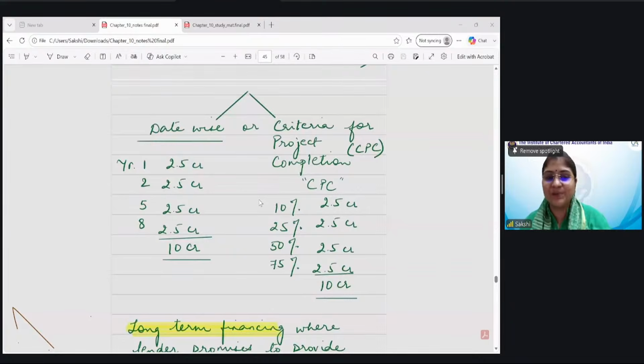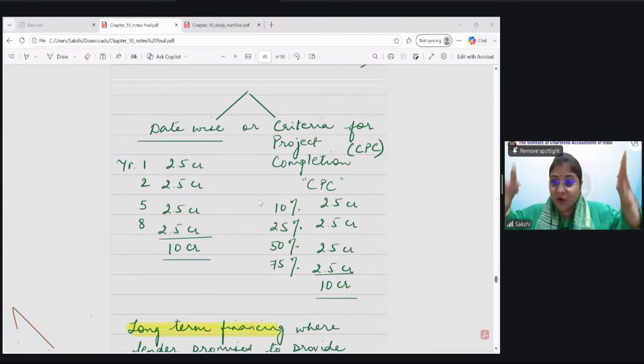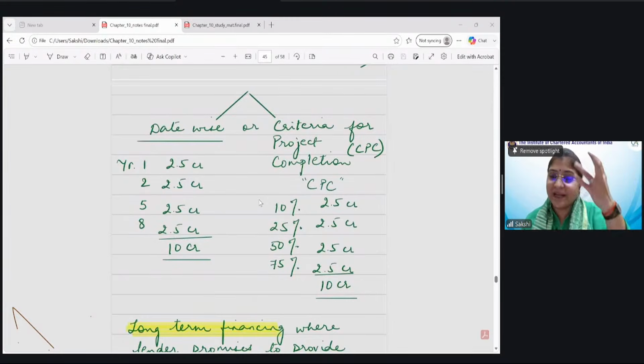Year 2, you go to the bank and say, sir, I need 2.5 CR. Again at year 5, 2.5. Again at year 8, 2.5. So the total loan you wanted was 10 CR, but on different occasions you asked the bank. Why? Because you said, I can't take that entire burden of 10 CR. Slowly and steadily, I am taking the loan from the bank.